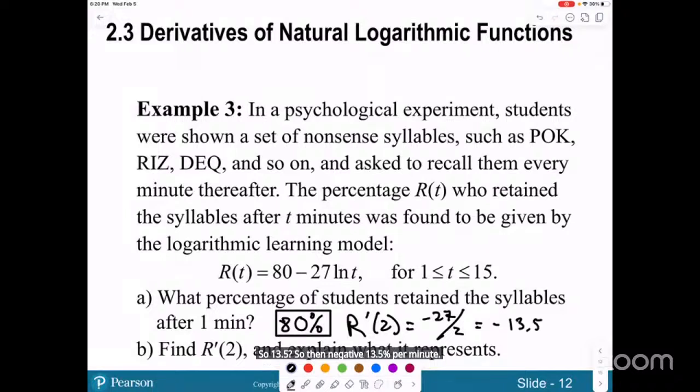So what we're saying is that after 2 minutes, the students are forgetting approximately 13.5% each minute at that moment in time. That's the percentage they're retaining at that time.